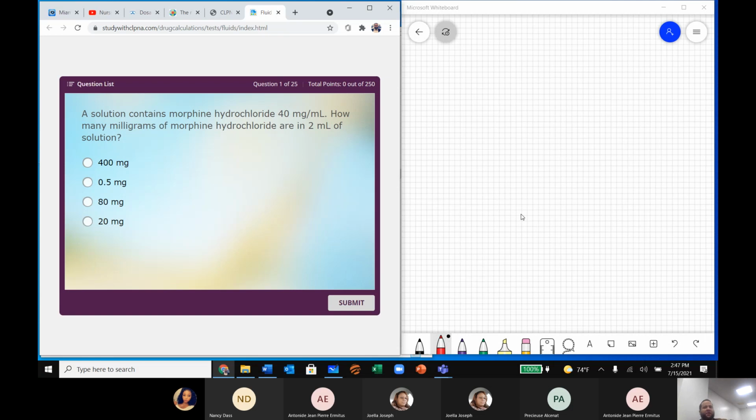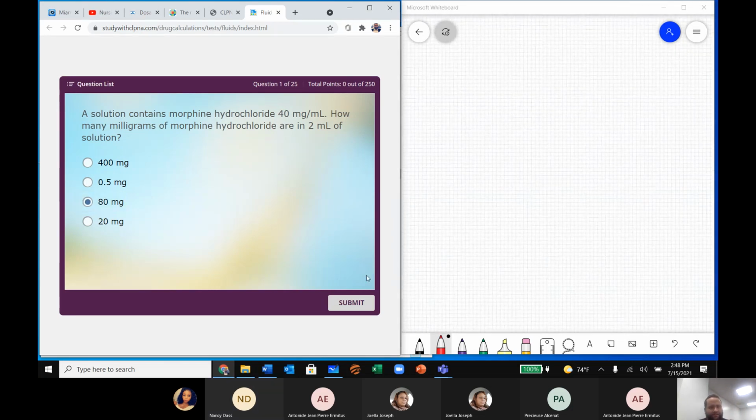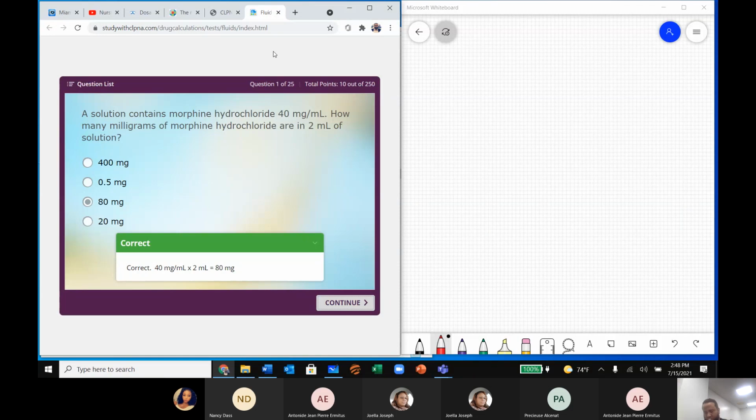How many milligrams of morphine hydrochloride are in 2 ml? C, 80. Good job.